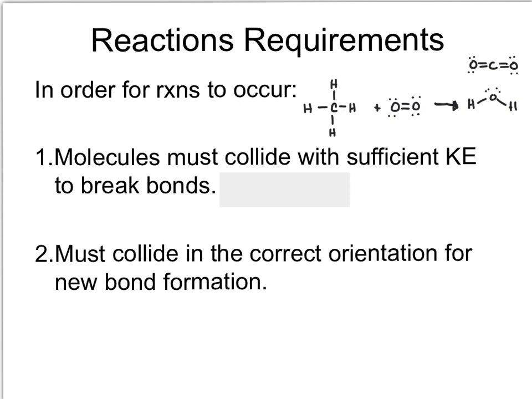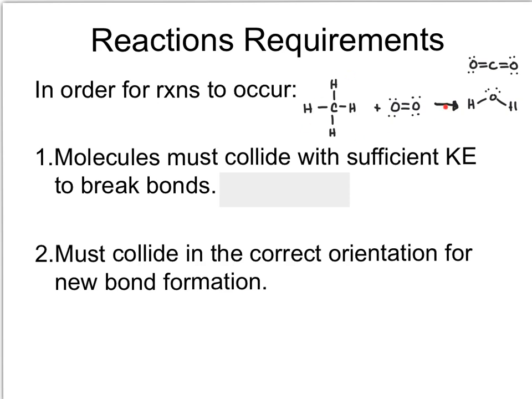So the reality of it is that the only way to get the products to be bonded in this manner requires us to first disassemble or break apart the bonds within the reactants. Those broken bonds will then reassemble into the products, and you'll subsequently get the reaction that we see here.